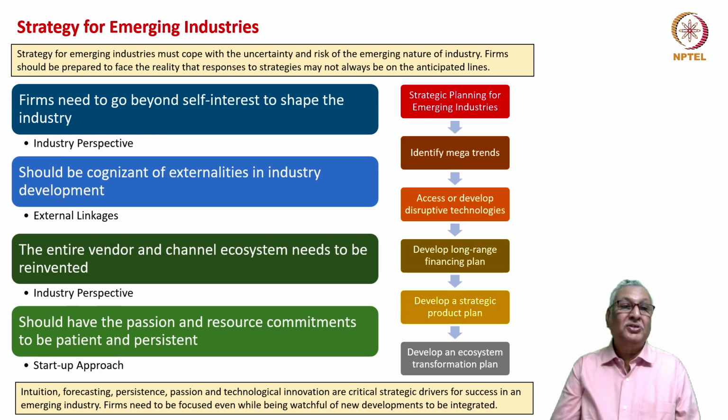The strategy for emerging industries must cope with uncertainty and the risk of emerging nature of the industry. They should also face the reality that responses to strategies may not always be on the anticipated lines. To be a player in the emerging industry, a firm needs to go beyond self-interest. There must be a broader purpose for the company.